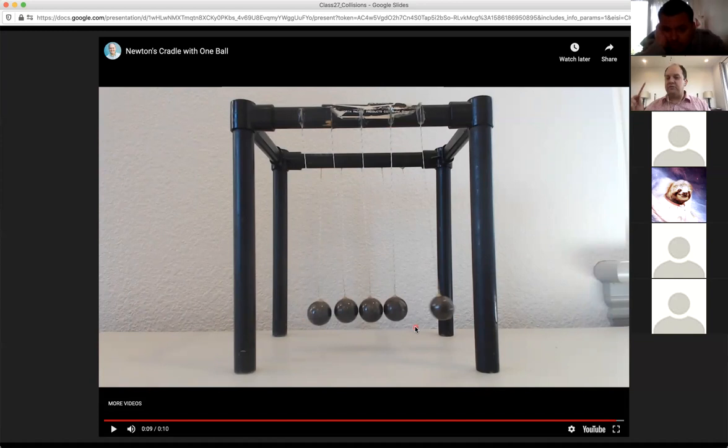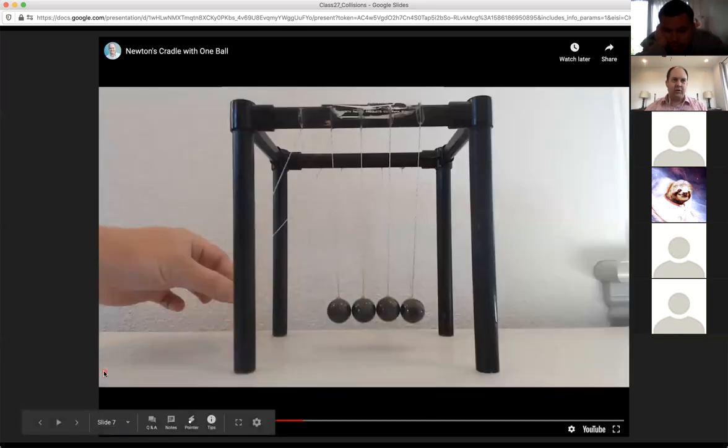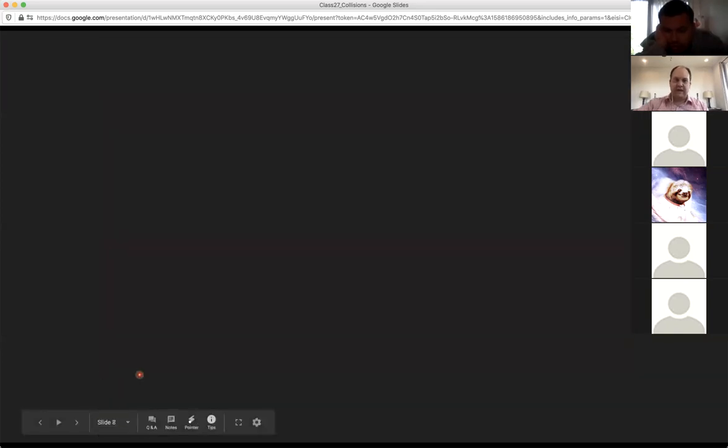Okay, there was one other force we talked about, and that's gravity. Gravity also is going to add or subtract momentum from the system of these 5 balls. How do I know that? Well, let's go back to the beginning here. I'm going to pull the thing back.